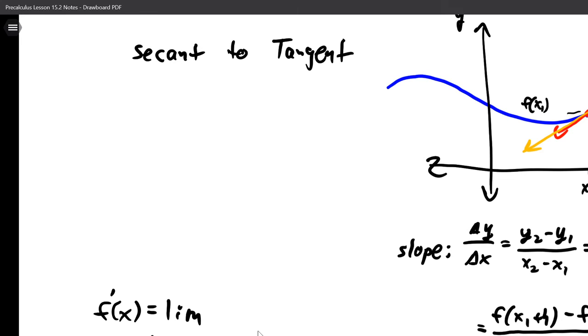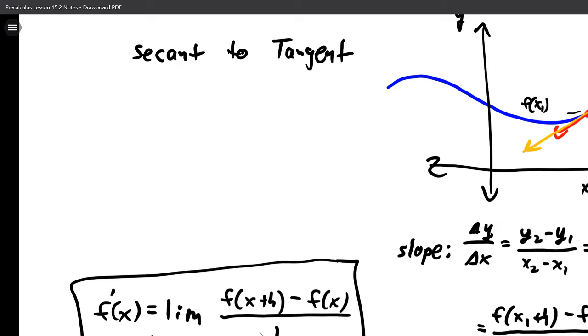So the limit as h approaches 0 of, now I'm not going to deal with a particular x value, I'm going to deal with just x, so it can represent any x value on my function. So limit as h approaches 0 of f of x plus h minus f of x over h. And that is the formal definition of a derivative.